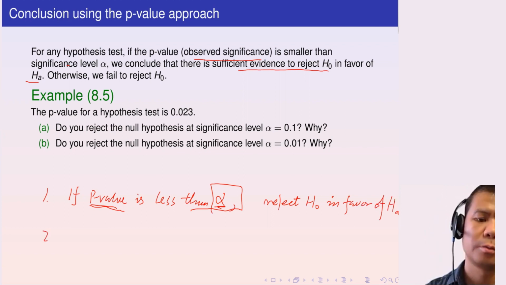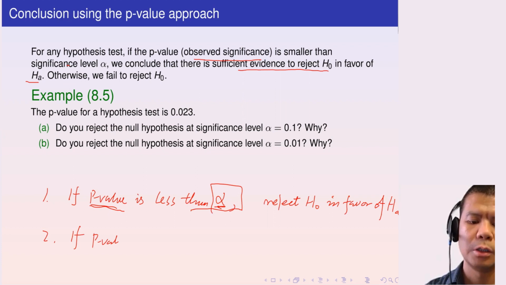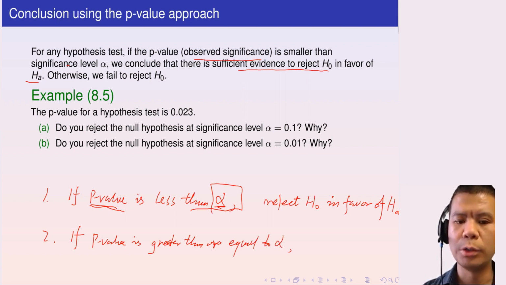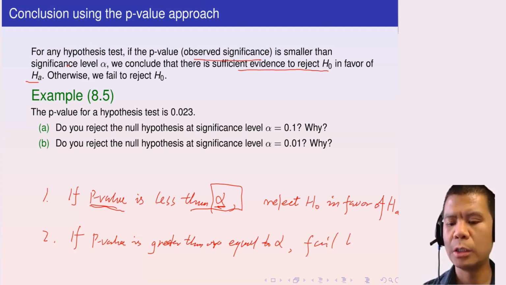Two, if the p-value is greater than or equal to alpha, then we fail to reject H0.